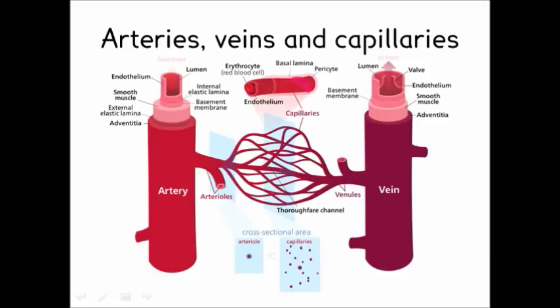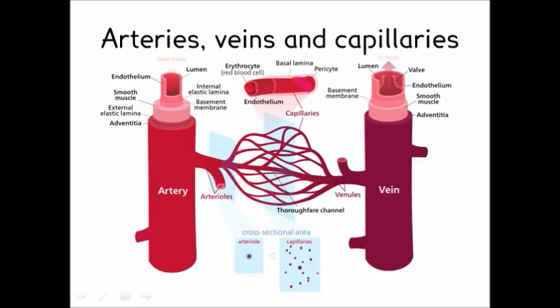This diagram just goes a little bit further, and it shows the different structures of the arteries, and these are things that we'll be amplifying in the next session. And just down the bottom you can see there's an approximate indication of the differences in size between arterioles, which are small arteries, and capillaries.